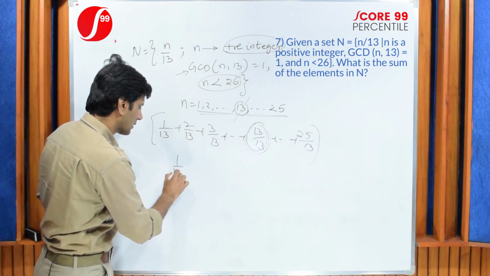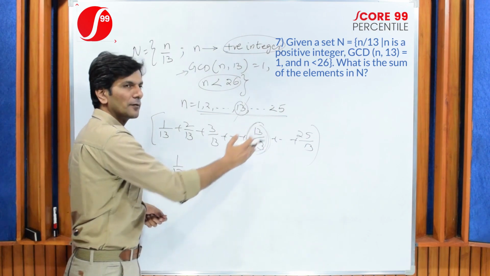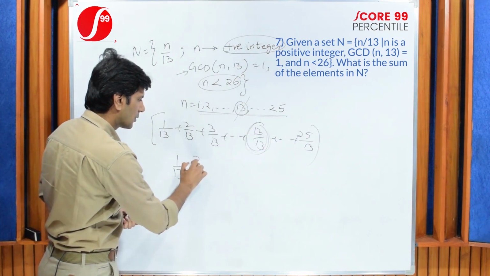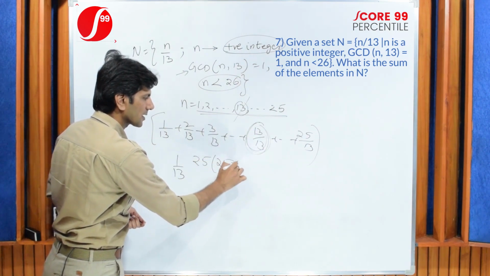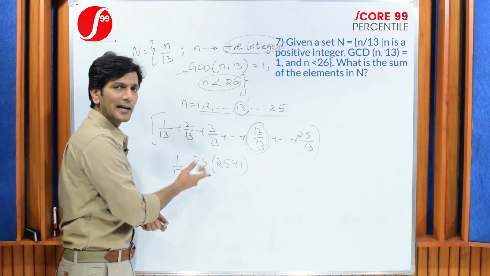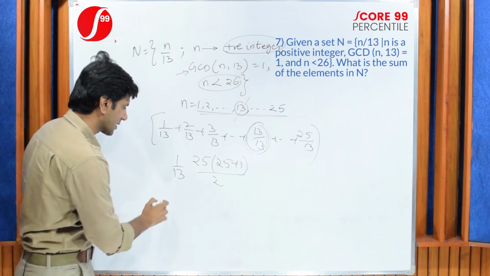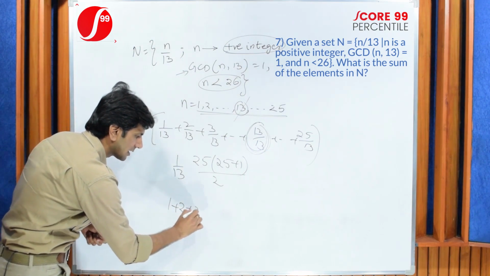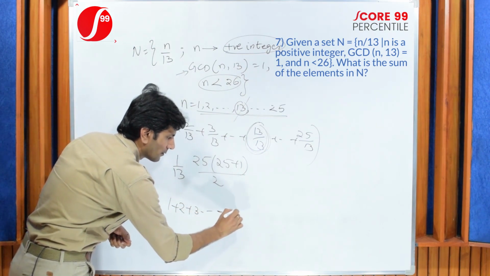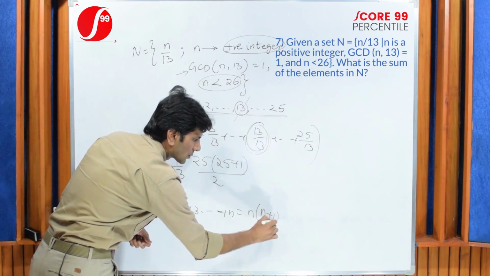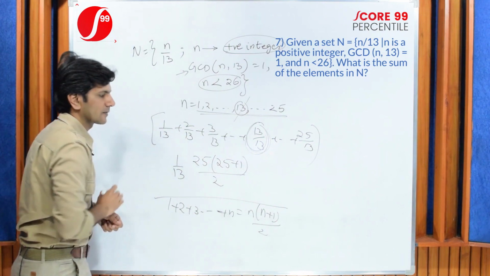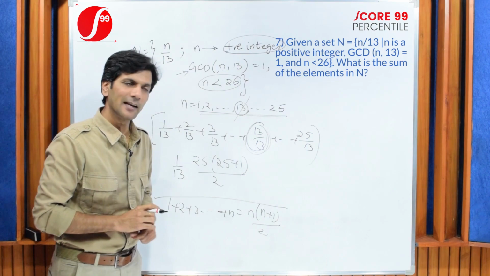So this is nothing but 1 over 13, and the sum of the first 25 numbers would be 25 into 25 plus 1 over 2, that's n into n plus 1 over 2. That's your formula to find the sum of the first n integers.